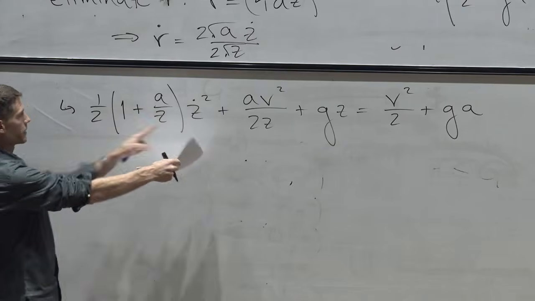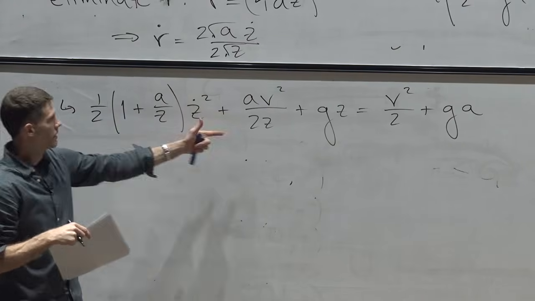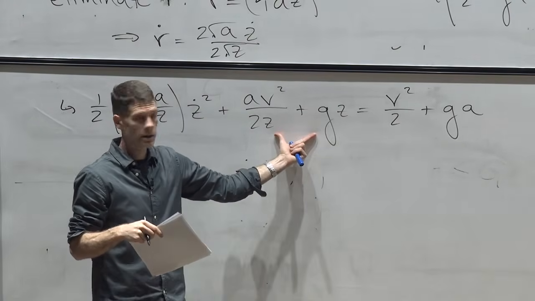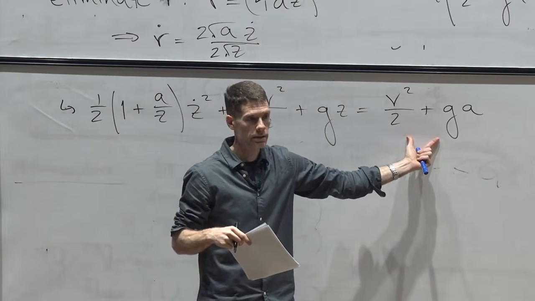So all I've done is factor out the things that have a z dot squared. These are the terms that involve z. And then this is the constant E. And I've gotten rid of the m.